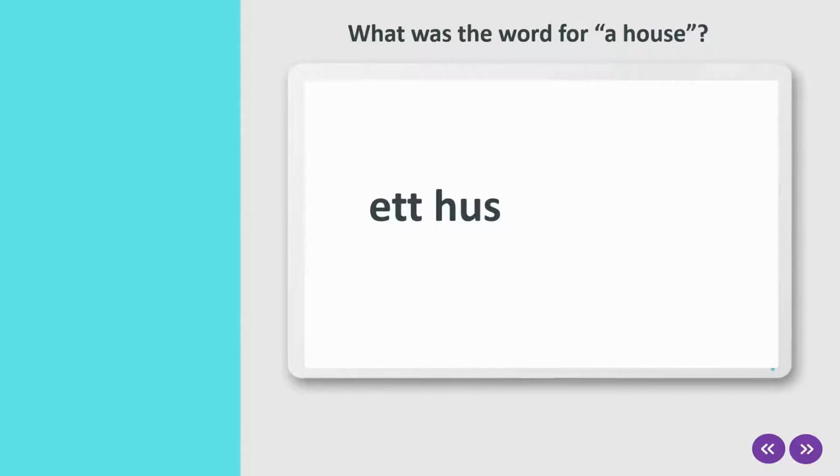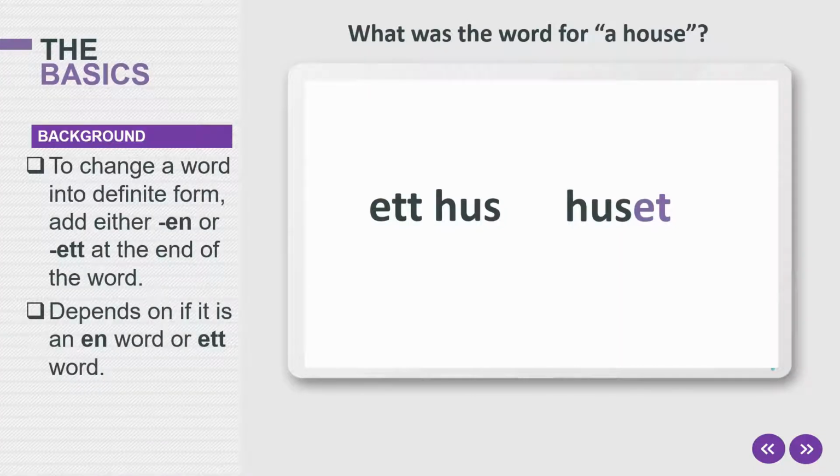It's a very specific presentation that you have probably already seen. So it's a known form. To make the known form in Swedish, we don't use the. Instead, we add on the ending. So ett hus, we add on et because it's ett. Huset. That means the house.